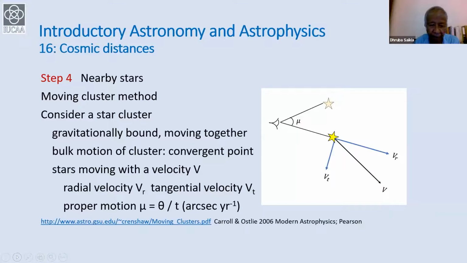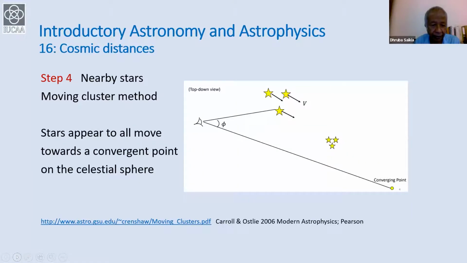Now you can do a little bit of algebra, but this figure is just to illustrate how the stars may all appear to converge in a particular direction, making an angle phi with your line of sight.